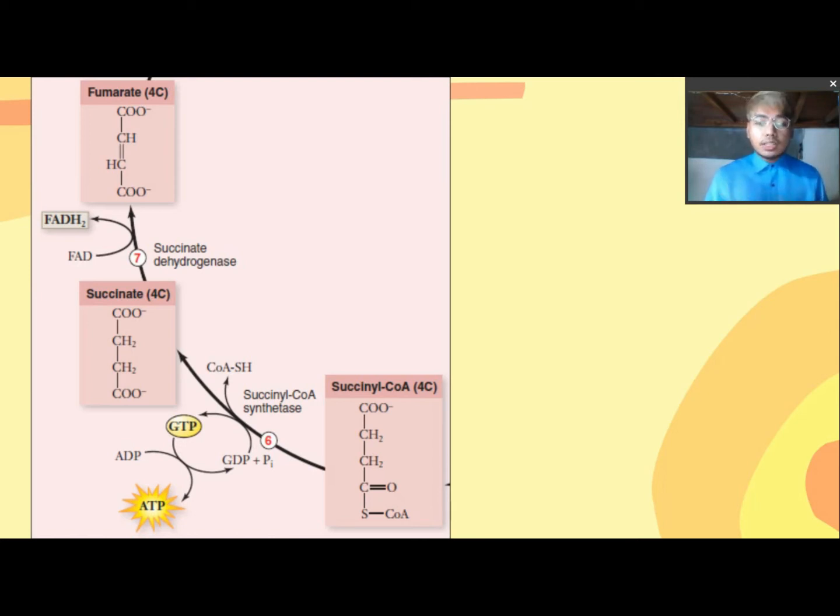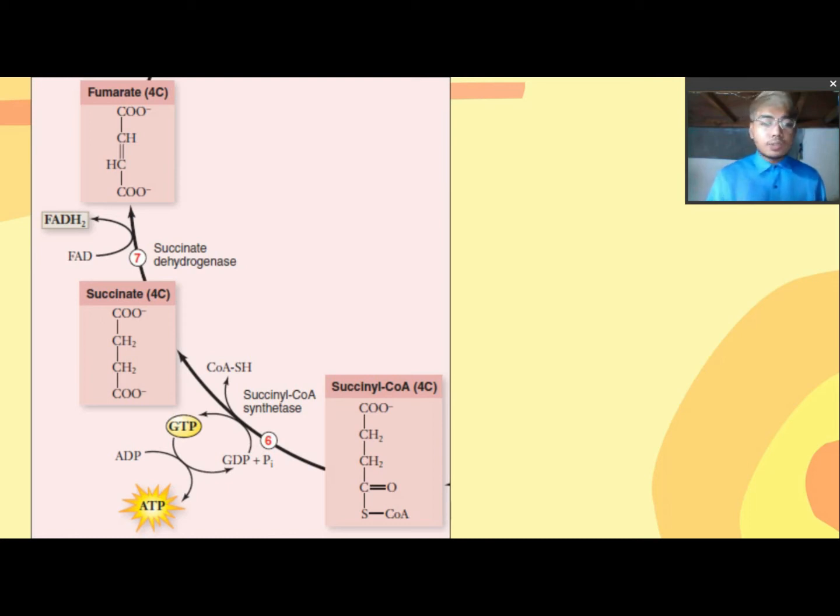Okay? These are intermediates that are usually utilized by different types of reaction that do not need a lot of energy. They are just there to simply assist. That is the reason why they are intermediates.